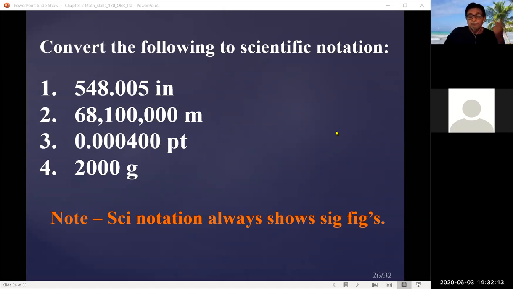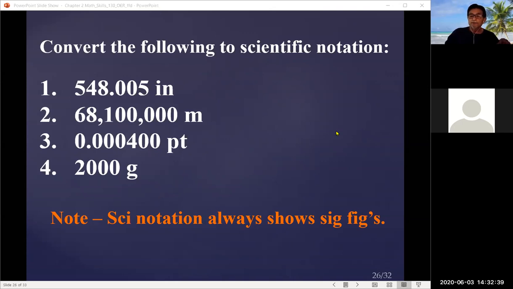Step number 1, count the number of sig figs, because your answer should have the same number of sig figs. So if we take a look at 548.005, we have how many sig figs? 6 of them. Okay. So find the decimal point. This number is a number much greater than 1.